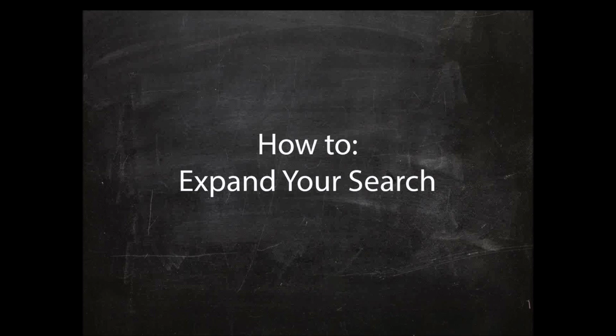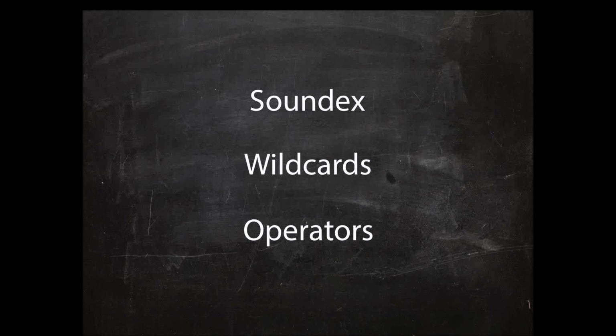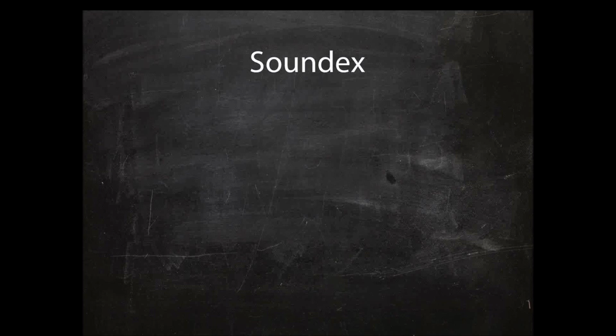Otherwise you would have found it. So introducing some fuzziness and some variance into your searches is really helpful to find those very elusive pieces of evidence. And our search engine has 3 ways of doing that. We have Soundex, we have Wildcards, and then we have search operators. So we'll go through those one by one.